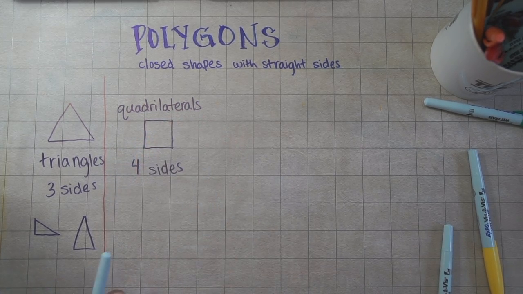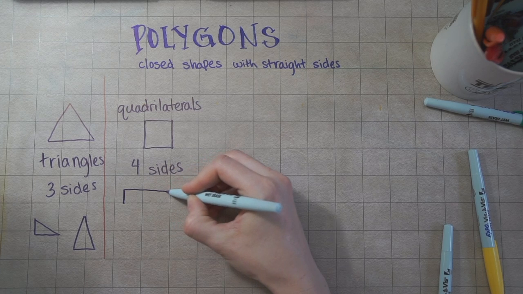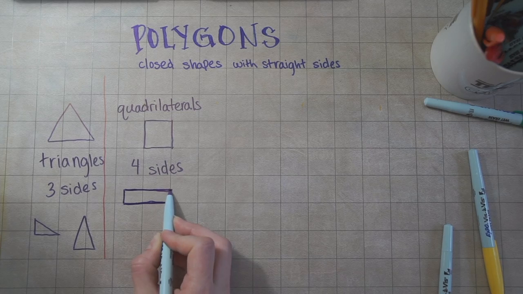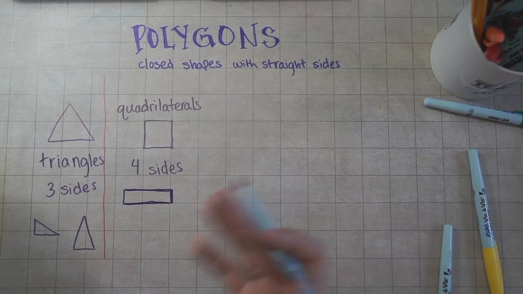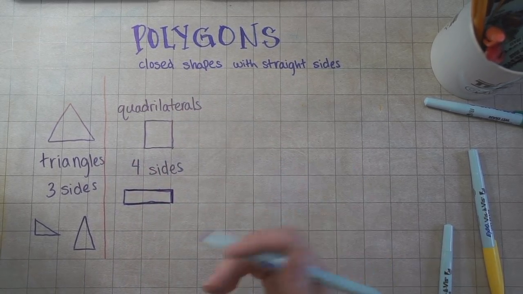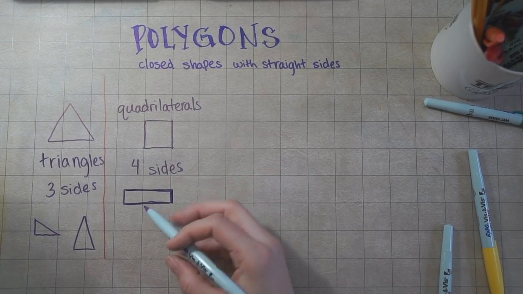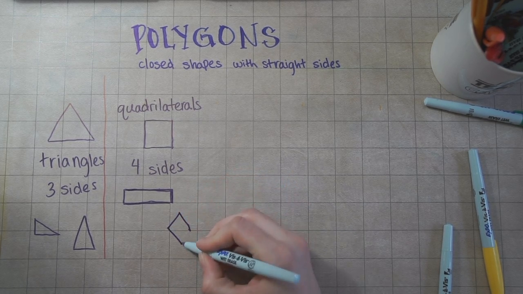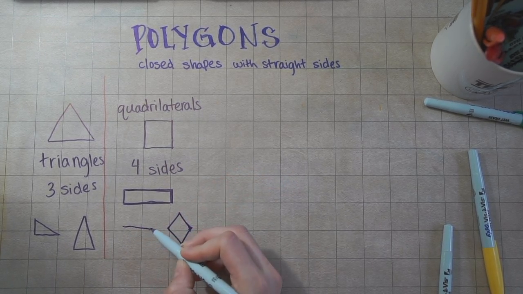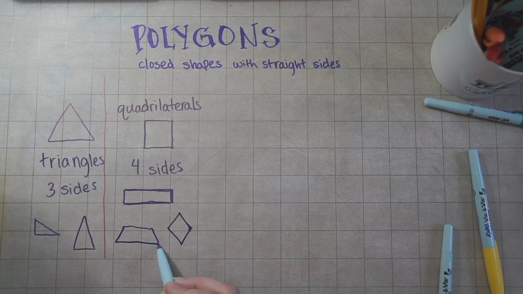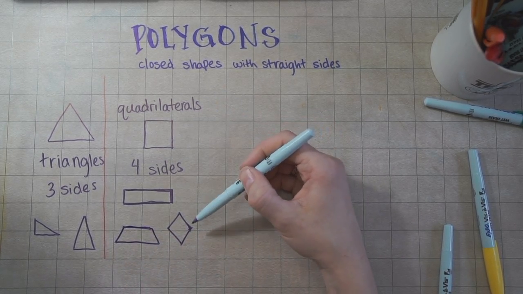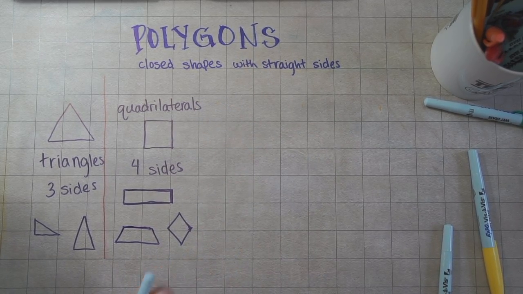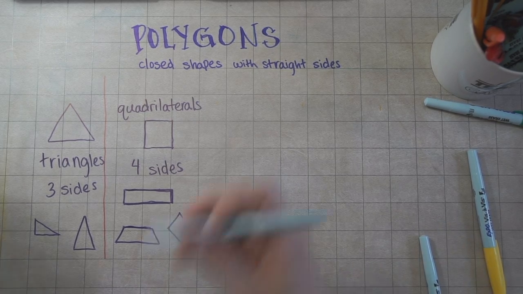Other quadrilaterals you might know include rectangles. Not a perfect drawing of a rectangle. They would still have straight sides, even though sometimes I'm not the best at drawing the straight sides. There are lots of other four-sided shapes, though. You might think about rhombuses or trapezoids. But as long as they have four sides, they are a quadrilateral, a polygon that has four sides.